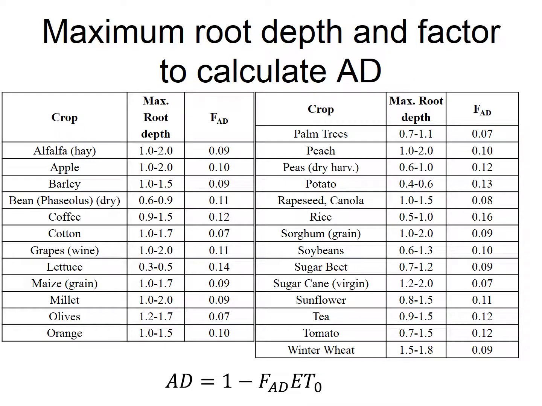In the same table, table 20.1, the factor for calculating the allowable depletion is also shown. The largest values, for instance for rice, 0.16, mean that the crop is more sensitive to water stress, and the lower values, for instance 0.07 for cotton or for palm trees, mean that the crop is less sensitive to water stress.